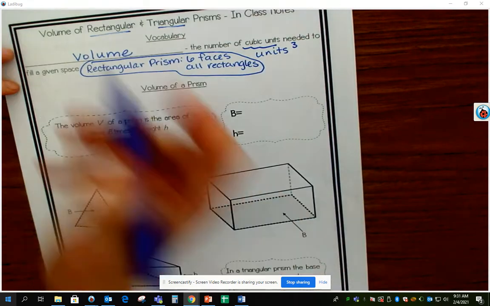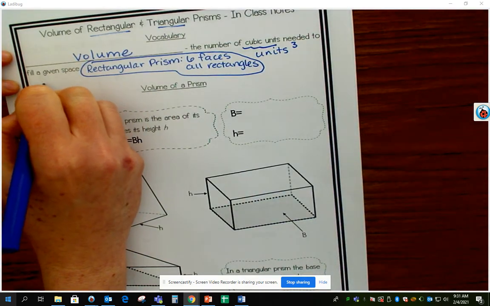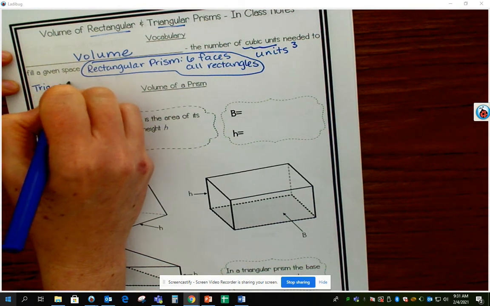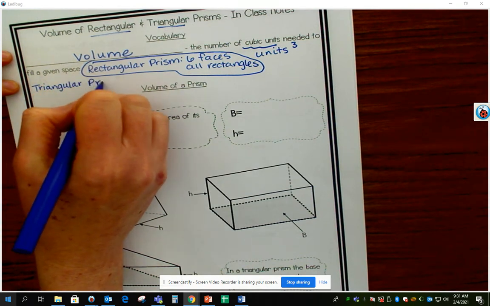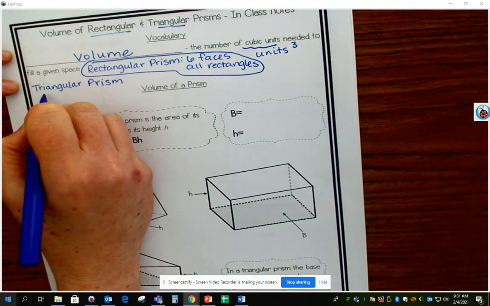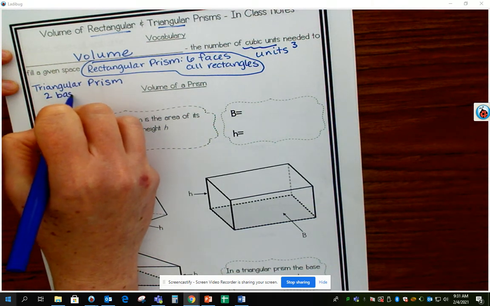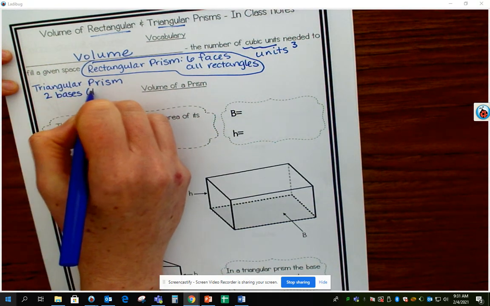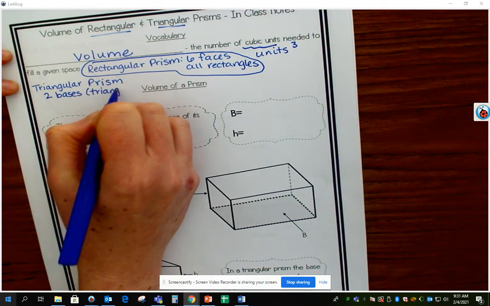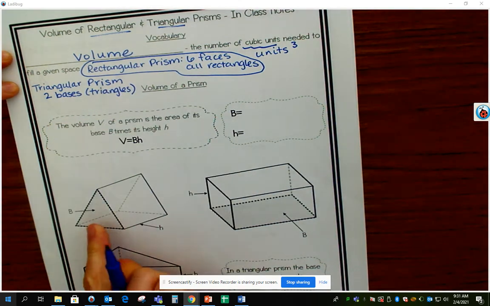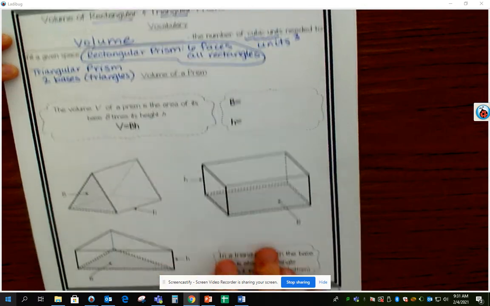Okay, and then a triangular prism is going to have 2 faces that are triangles. So like here and here there are 2 triangles.